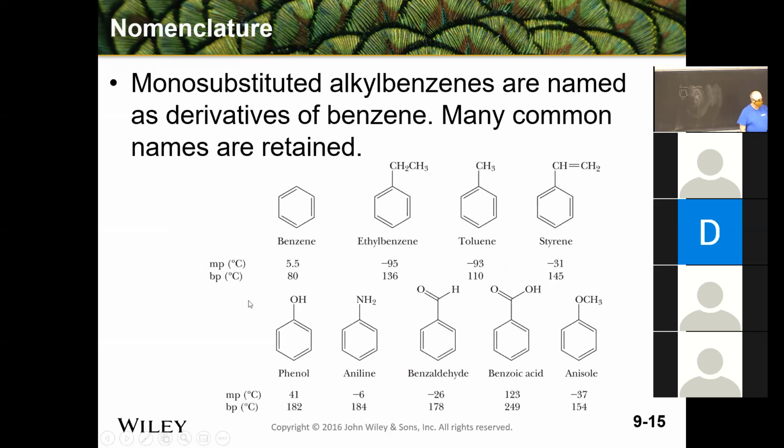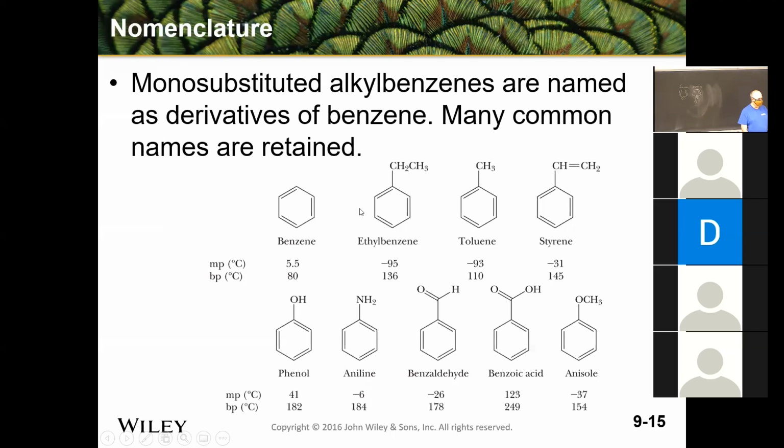Right, so let's look at nomenclature next. Parent compound is benzene. And if there is one substituent on the benzene ring, okay, we generally don't need a number.